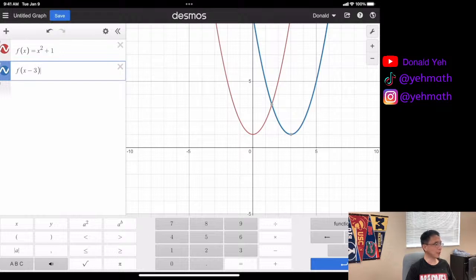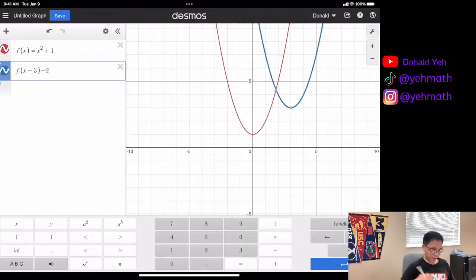So if it's minus 3, it shifts right 3. That's just basic understanding from pre-calc. If you have something outside the parenthesis, let's say plus 2, it's going to go up 2 units. So inside the parenthesis is left and right, outside the parenthesis is up and down. That should be installed at the pre-calc level. I would teach students how to go through all that. They actually had to graph a function from transformations.